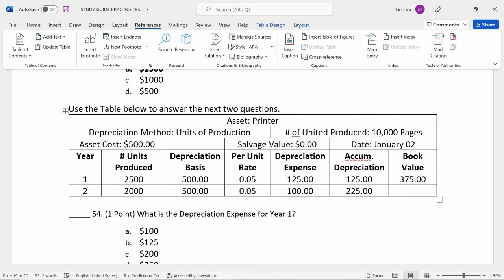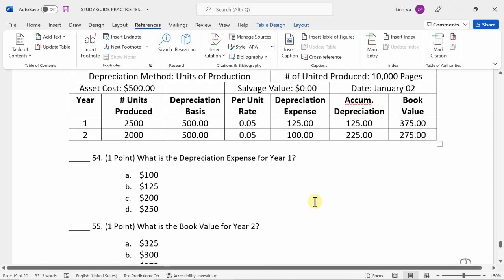So what's my book value now? So it would be 500 minus 225. 275. Okay, good.